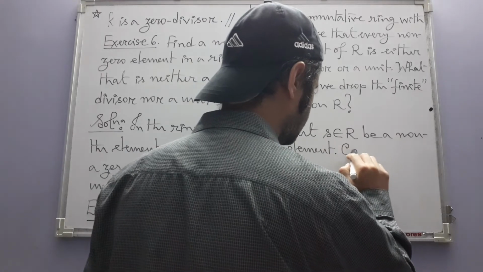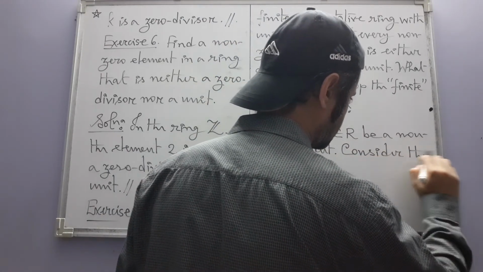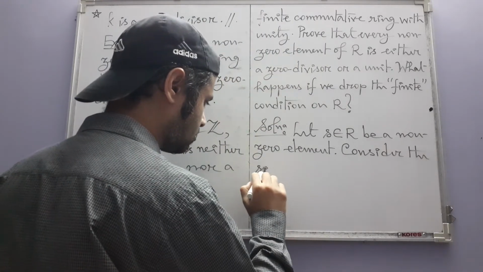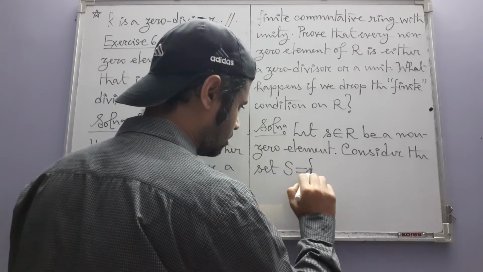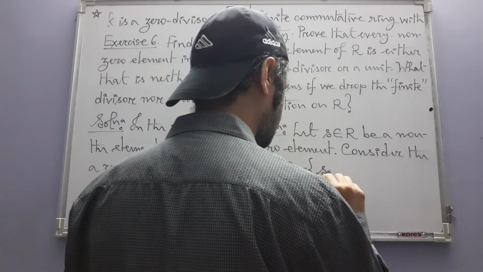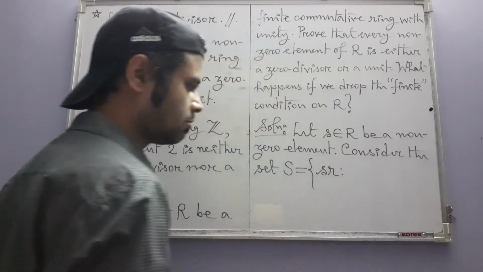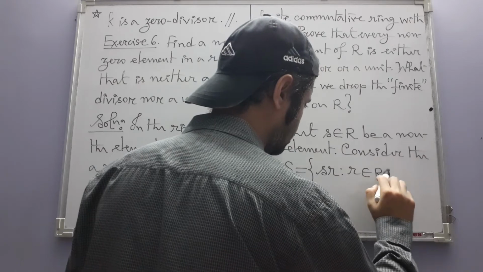Now what we do, we consider this set S whose elements look like this, sr, where r is any element in our ring.